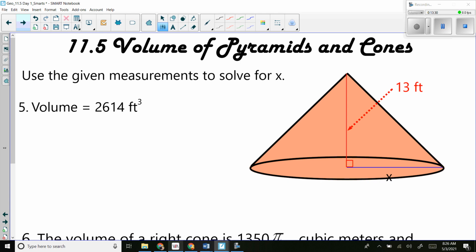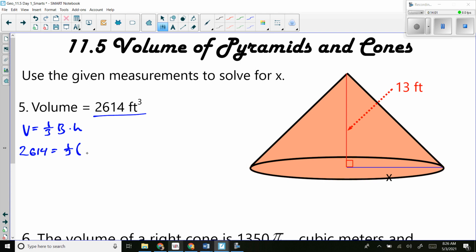This one says we want to find this given measurement, and we're looking for x, which is the radius in this case. So if we set up our formula, volume equals 1/3 area of the base times the height. In this case, it's a cone, so I'm going to replace a couple things here. They tell us the volume. The volume is 2,614 cubic feet equals 1/3.